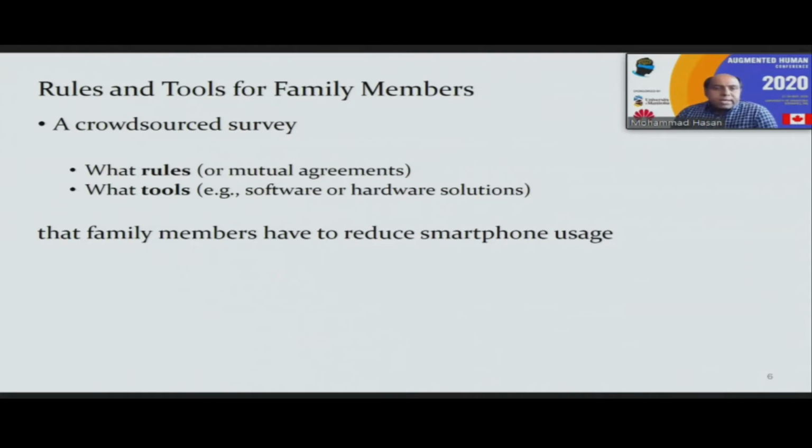To achieve that goal, and to explore the common rules that people have and the common tools that people use to reduce smartphone usage, we conducted a crowdsourced survey. In this survey, we specifically asked what tools or mutual agreements people have to reduce their smartphone usage in presence of other people, and what tools they commonly use.